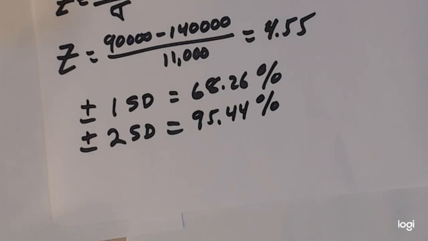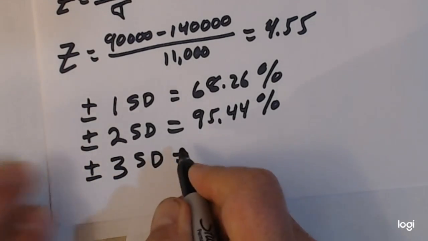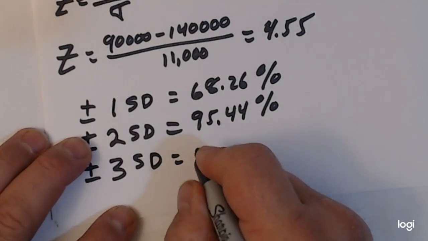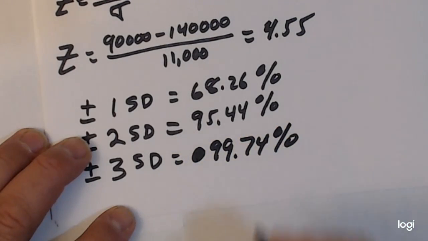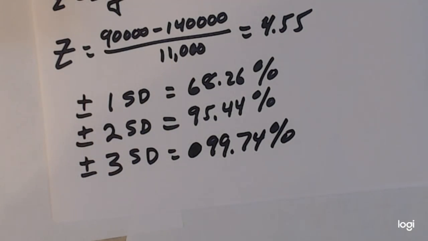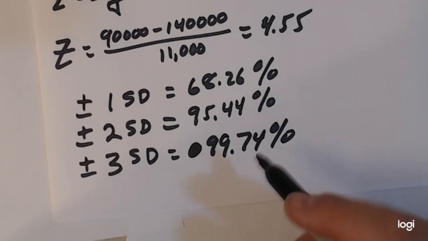And plus or minus 3 standard deviations from the mean is 0.9974, 99.74% of all observations. So you're getting very close to 100% at 3 standard deviations.